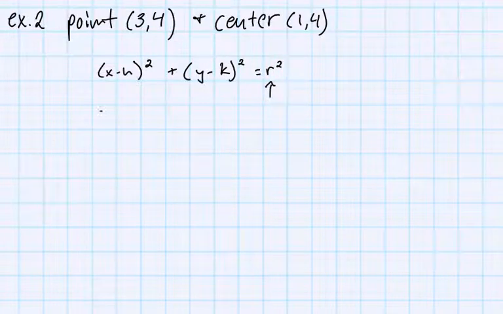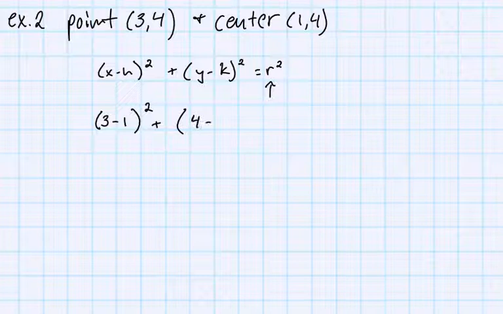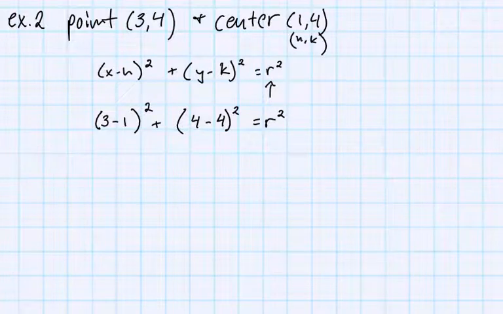So I do have an x value, and that x value is 3, and my center occurs at 1. And then I have a y value, and that would be 4 minus my k, which is 4, equals r squared. So you can label this h, k so that you know this one's the h and k and this is the x and y.